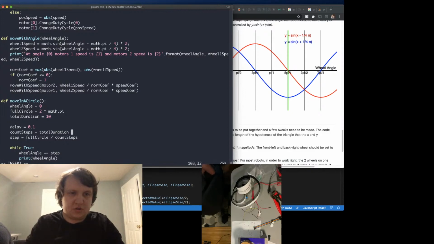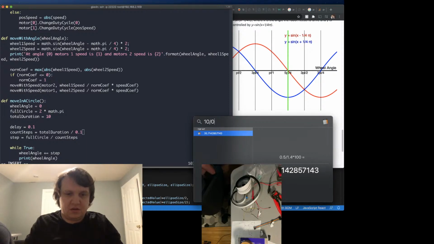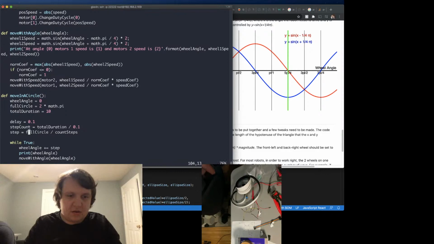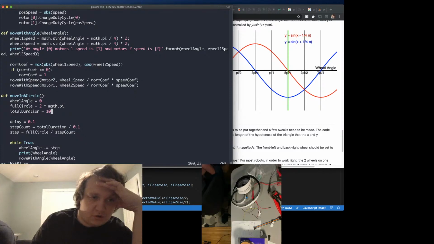Total duration. So if I had 10, so that's 100. So I have now 100 steps, or step count. I want to make it step count. So therefore, we have a full circle. We're going to change the angle of a full circle in a 10-second period. We're going to iterate in a tenth of a second units.